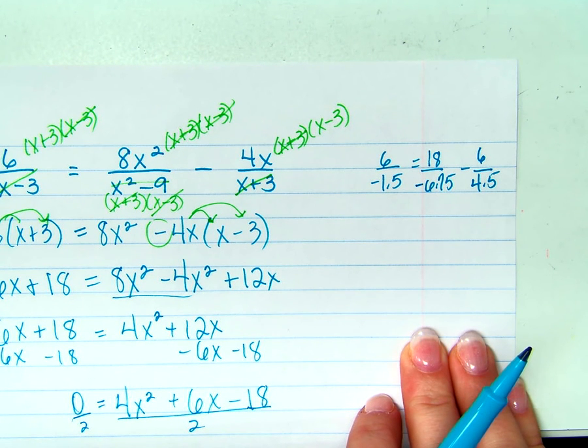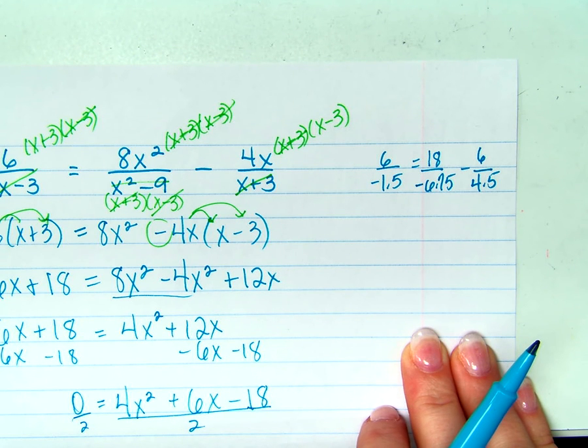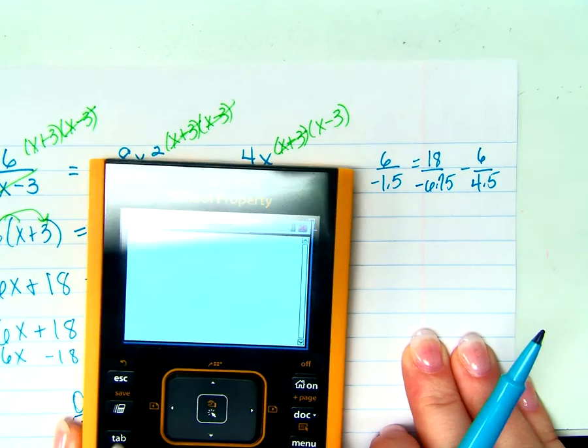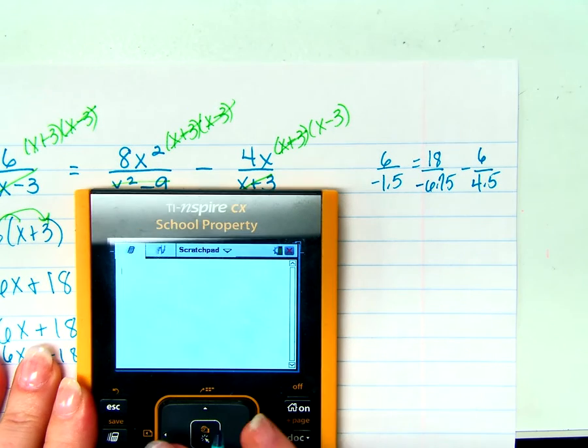Let's see if I can remember how to do this, and I want to show you something. Okay, let me show you this real fast. I don't know if you know that this is possible, but I want to show you just in case you didn't know.